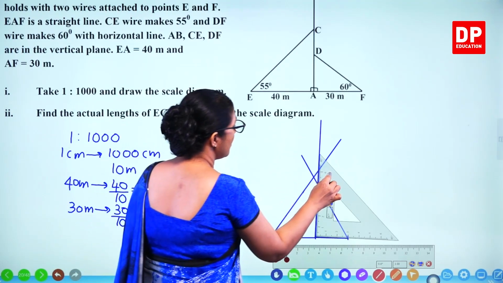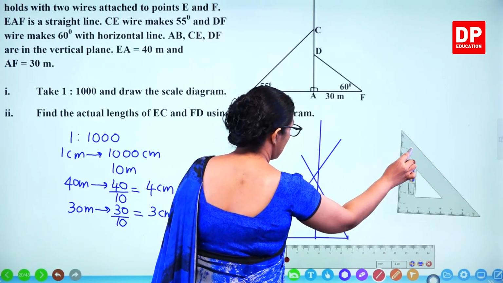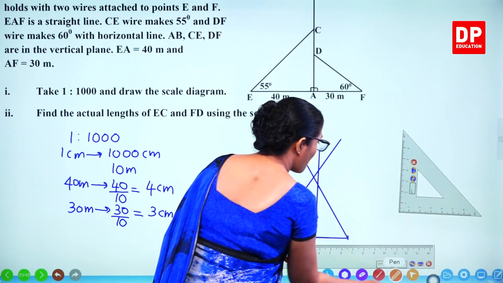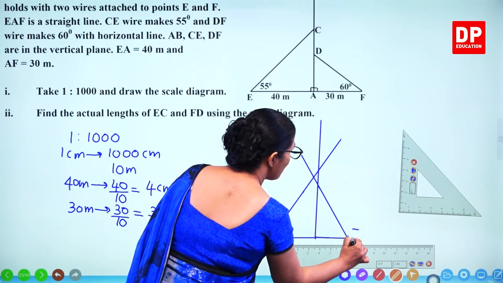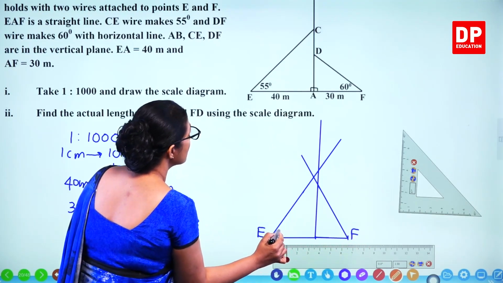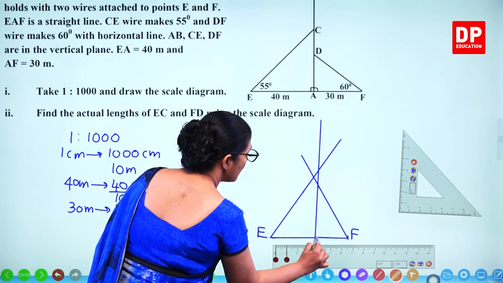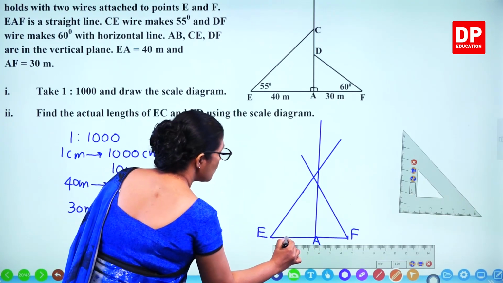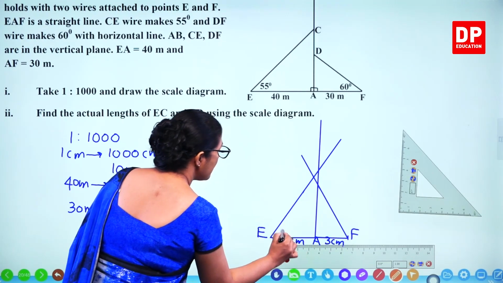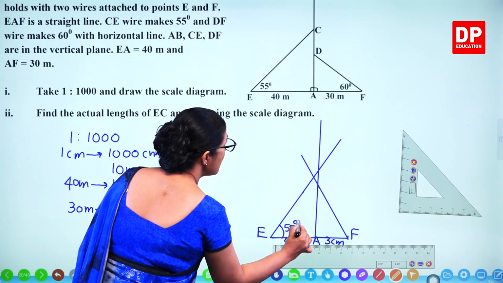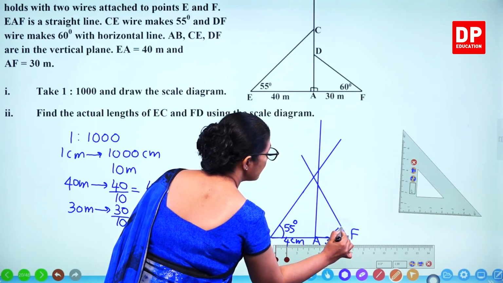And we'll see the points now. This is E, this is F, so this is A. We took 4 centimeters here, 3 centimeters here, and this is 55 degrees and this is 60 degrees.